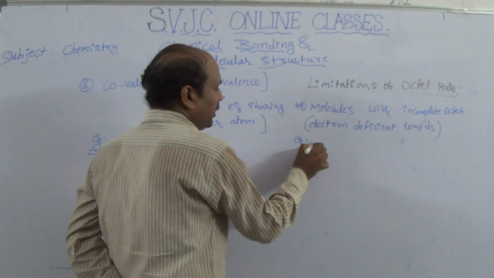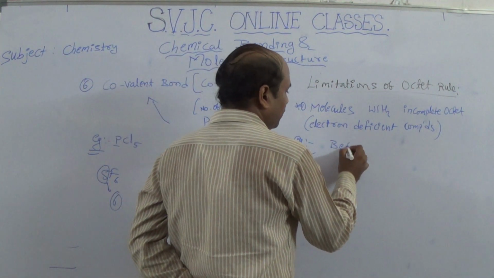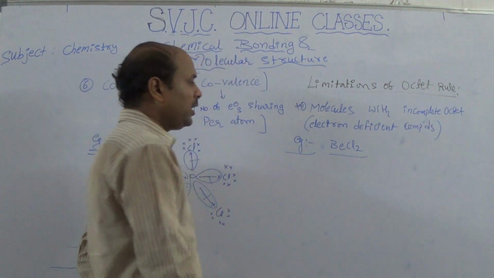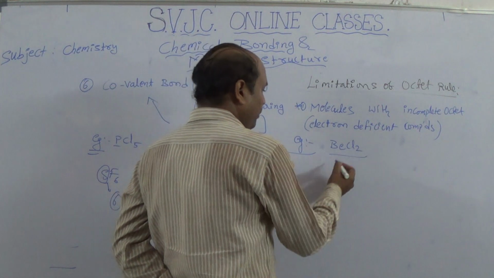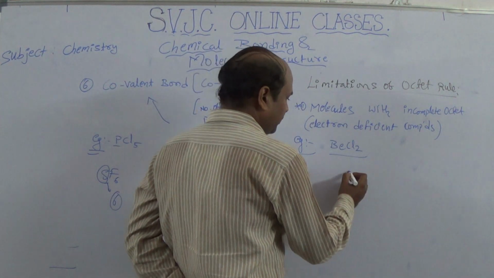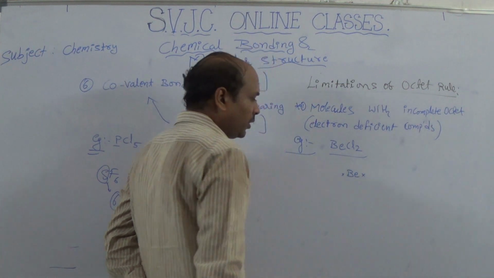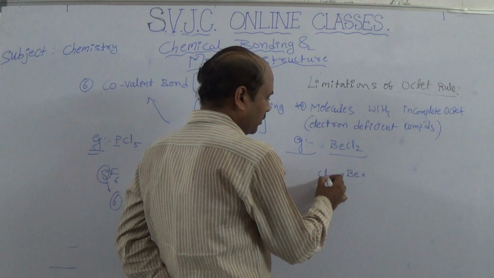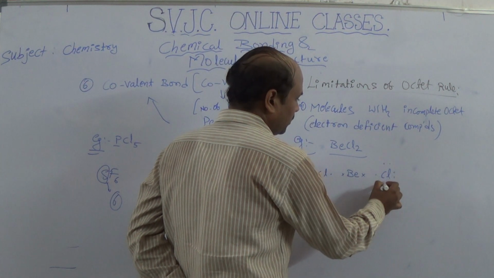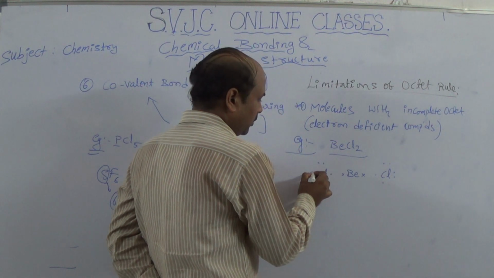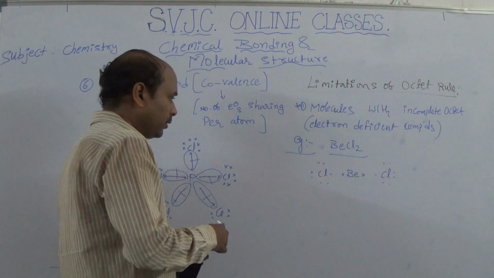I am taking one example here: beryllium dichloride. Here, beryllium is the central atom, and beryllium has only 2 valency electrons, and chlorine has 7 valency electrons.